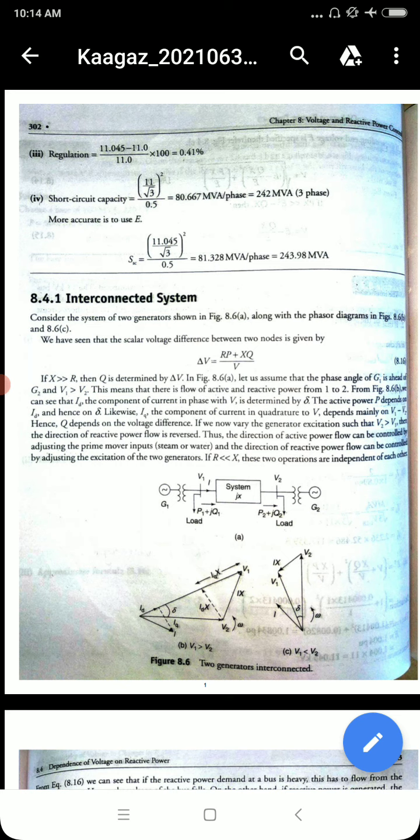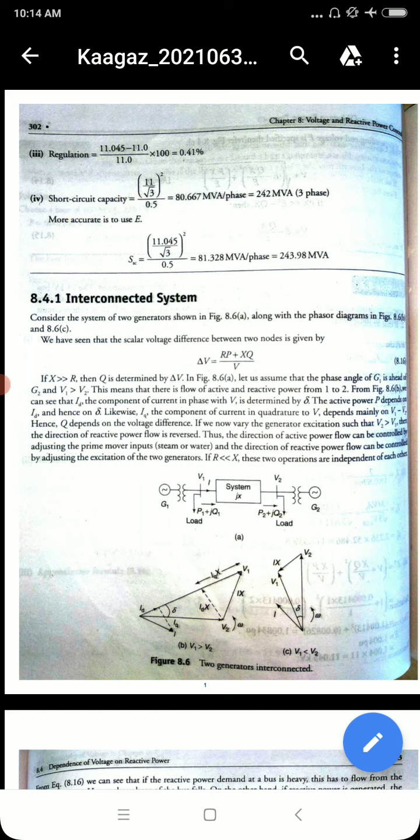Hence, it purely depends on delta. Means the active power P depends upon the angle delta, because active power depends upon the current ID and ID depends upon the delta. So we can tell that the active power P depends upon delta.